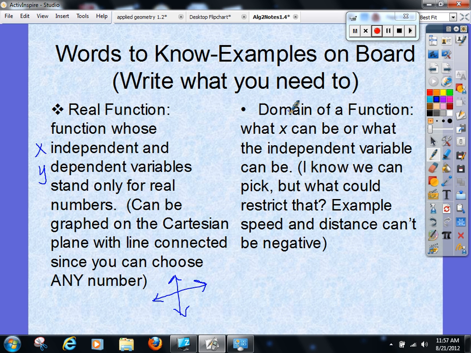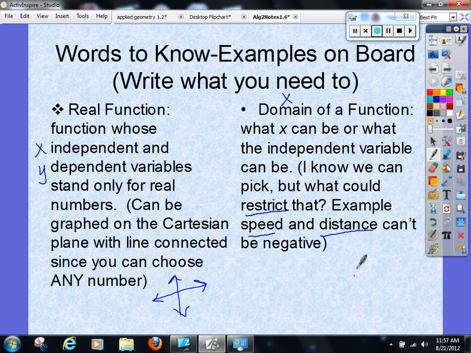Okay, the domain of the function, we talked about this. This is what x can be, and we need to be very aware of the domain of the function today because we talked about in class with the calculator example, we will have restrictions. For example, the speed and the distance in the car stopping problem. You can't have negative speed, you can't have negative distance.